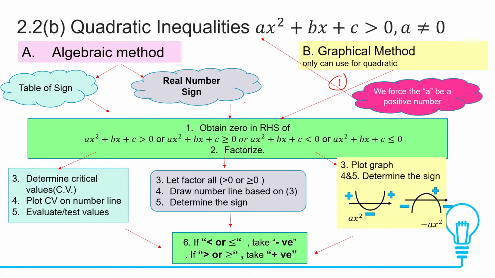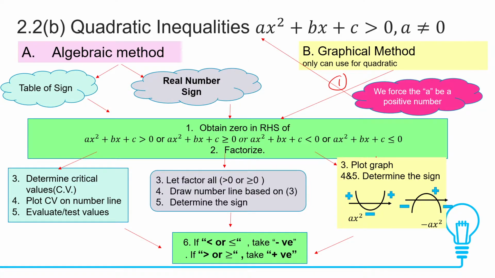We start from the same way, that is to obtain 0 on the right hand side. It doesn't matter whether you have greater than, greater or equal, less or less or equal, as long as we keep our 0 on the right hand side. Why cannot it be the left hand side?